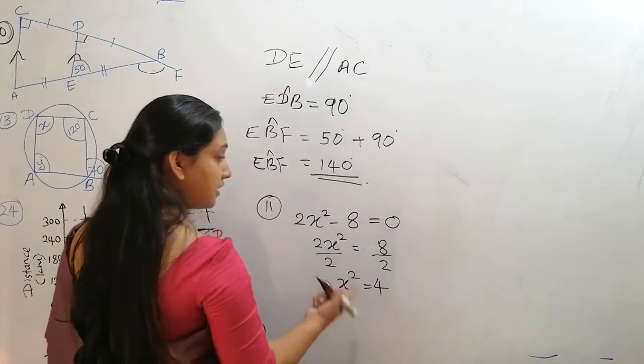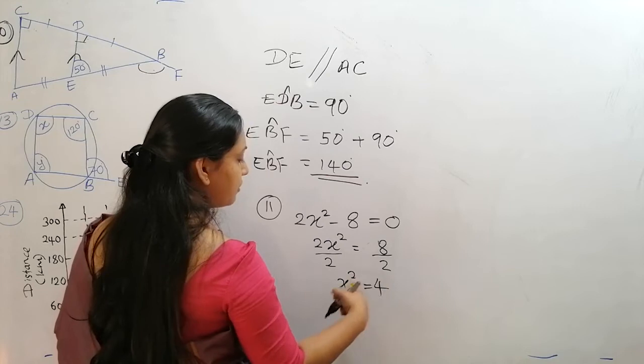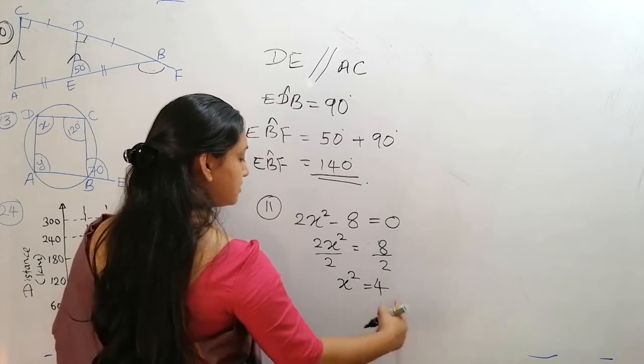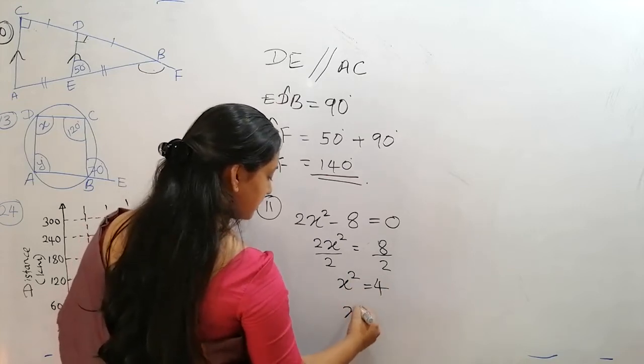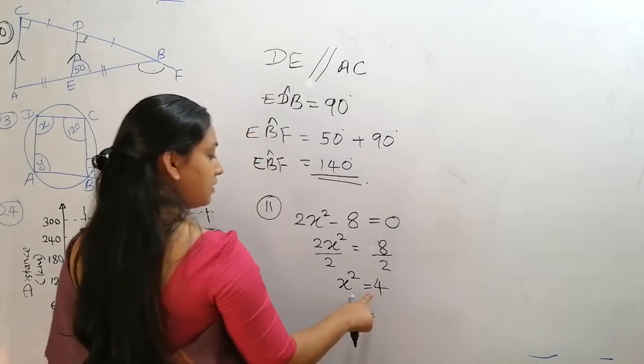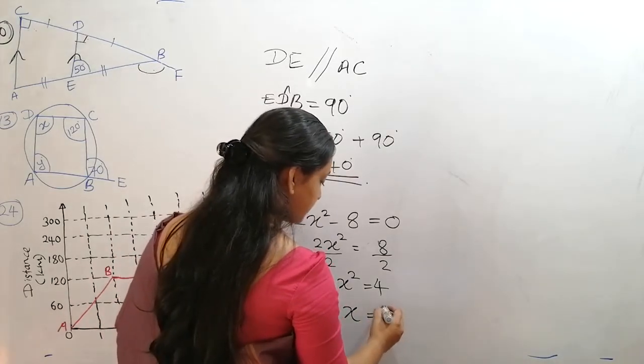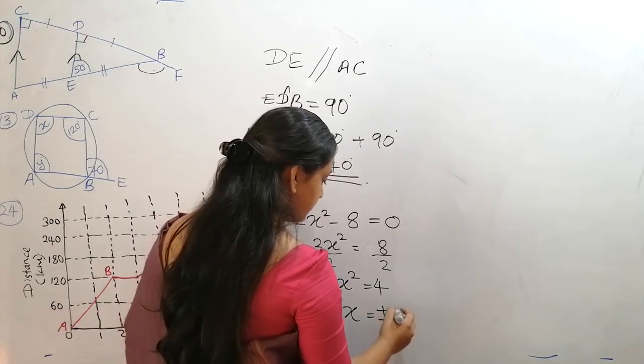Then we have to find x. We have to take the square root of both sides. Then x is equal to the square root of 4. The square root of 4 can be positive or minus 2.